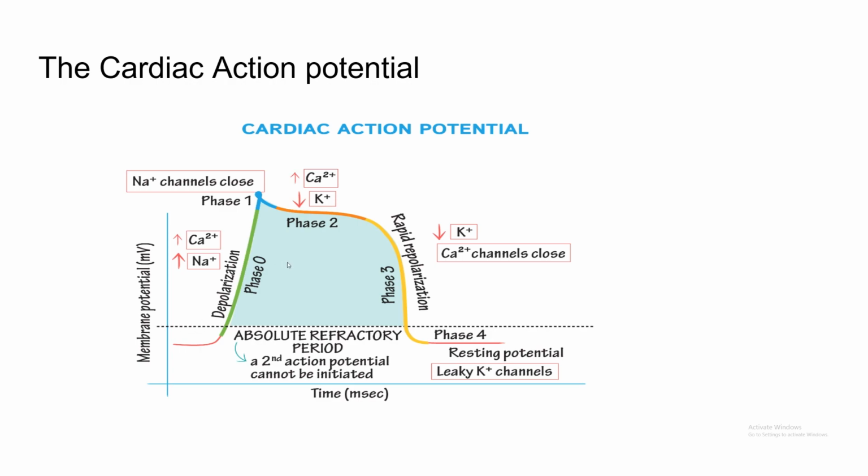So when an impulse from another myocyte, or from other cardiac tissue or whatever, reaches this cell and moves through it, this is what happens. You get an opening of sodium channels and an opening of calcium channels. The first calcium channel to open is an L-type calcium channel, but that's not really pertinent.